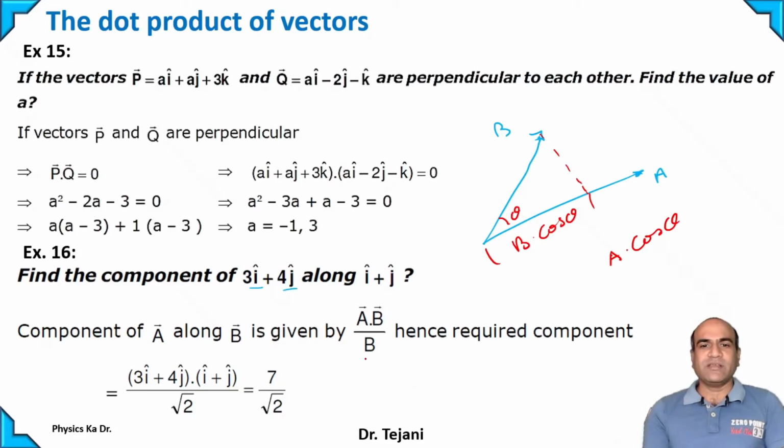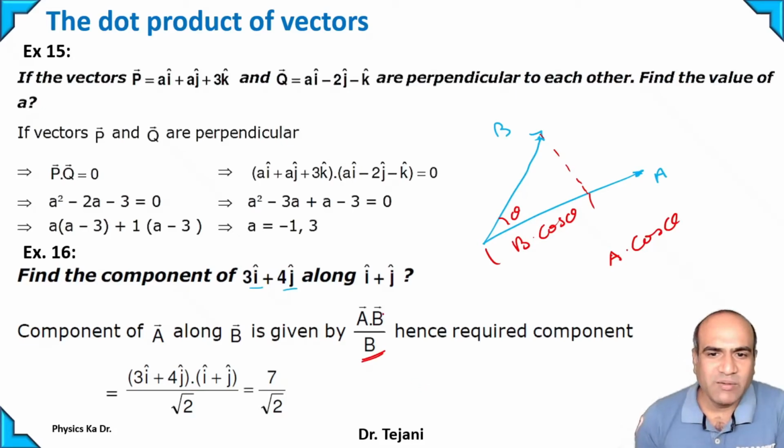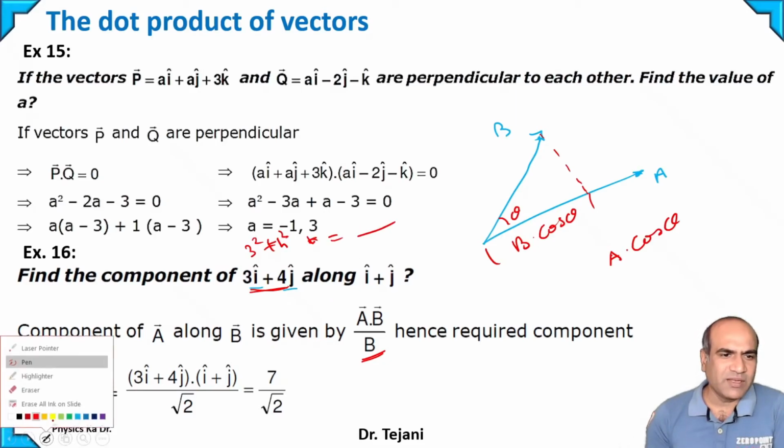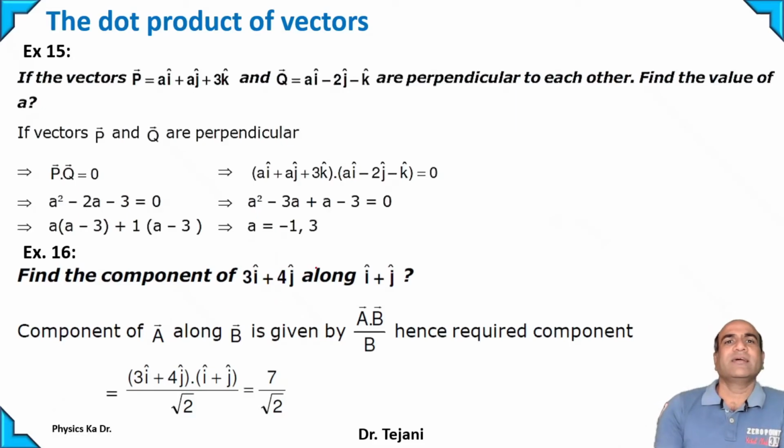We already saw this equation: A dot B divided by the mode of A, and you just need to find the mode, which means 3 square plus 4 square. So you get the answer like that. Both examples are very simple and you can get your answer with this.